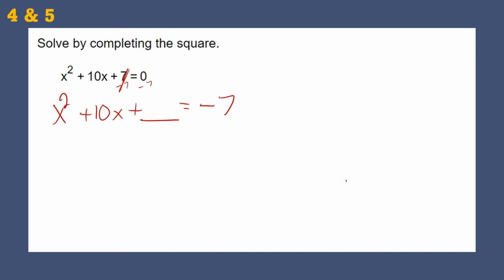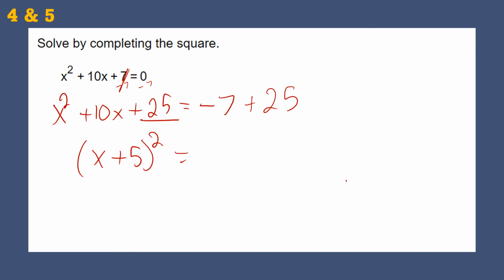And I know that since 10 is in the middle, half of 10 is 5, and 5 squared is 25. So if I put a 25 there, it would make this problem nice and pretty, because I'd be able to factor it to just x plus 5 squared. The problem is I can't just put a 25 there because I want to, unless I also put a 25 on the other side.